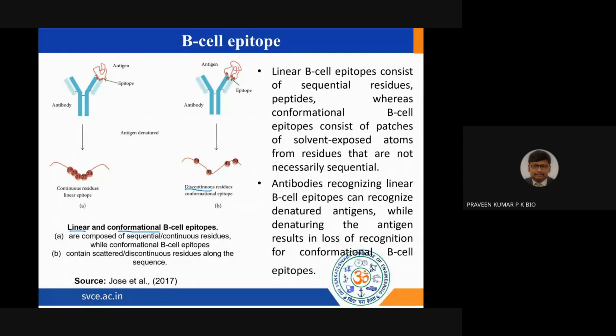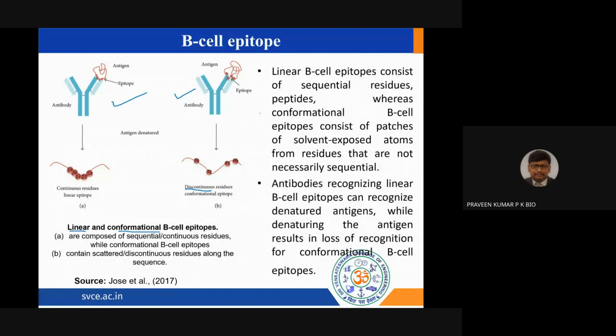The binding is more efficient, so sometimes you need a conformational or discontinuous B cell epitope for increasing the binding affinity. Either you can go for a linear epitope as the first step, or you can go for a conformational epitope for B cell.